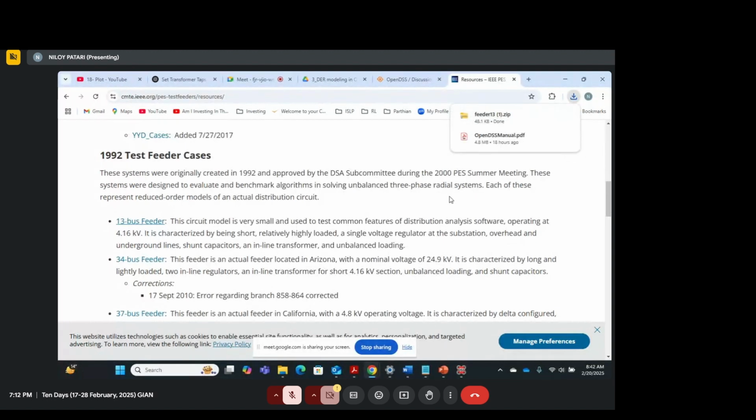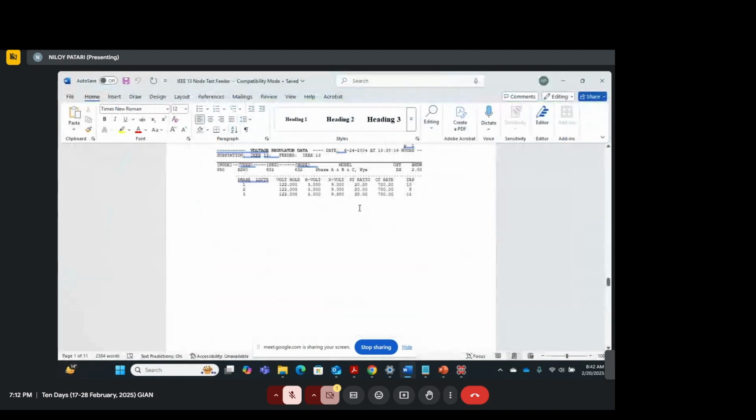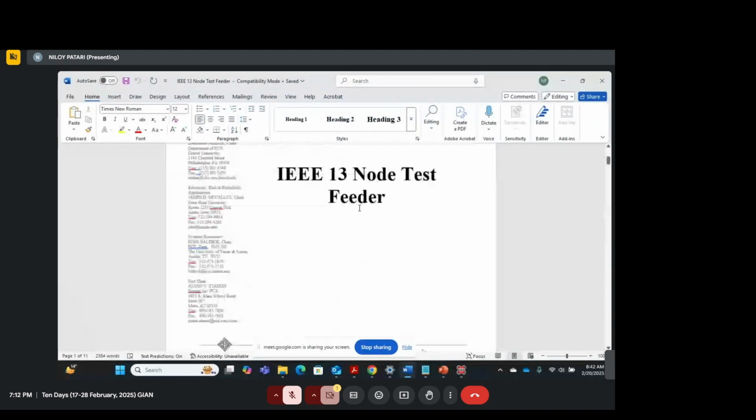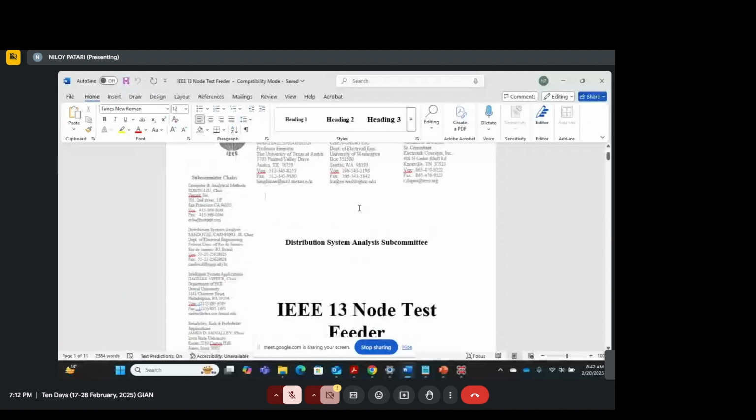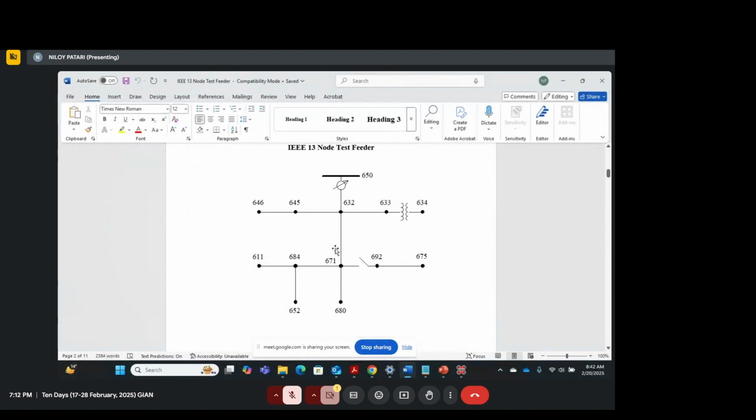Inside that zip file, you can find this particular file named IEEE 13 node feeder. It looks like a Word file, and it shows how each of the nodes are connected. This is the basic 13 node system. It's a highly unbalanced system, and bus 650 is the substation node, and then you have a voltage regulator.